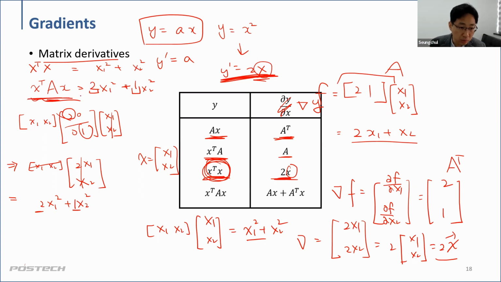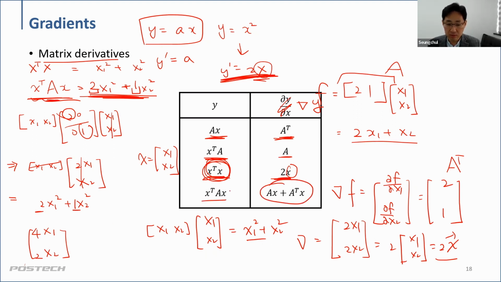So let's do the quadratic and compute the gradient. It's 4x1, 2x2. That's the gradient. It looks weird, but let's say the A matrix is like that.